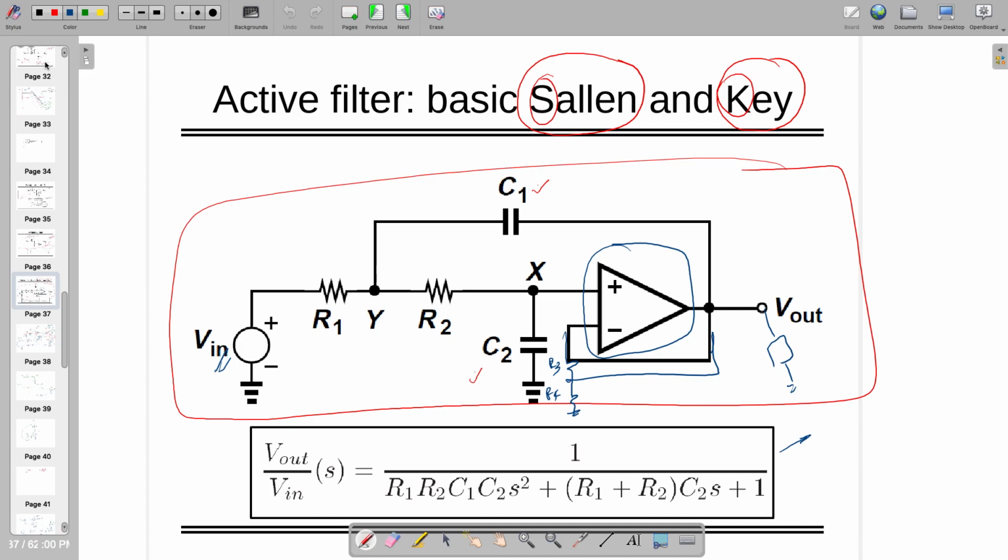If it is not there, then this gain will also come into the picture. If you study the op amp, it might be a second order, third order, fourth order system, and that will actually affect this performance also. And in the real transfer function, it's G over 1 plus GH, and you have to write that.